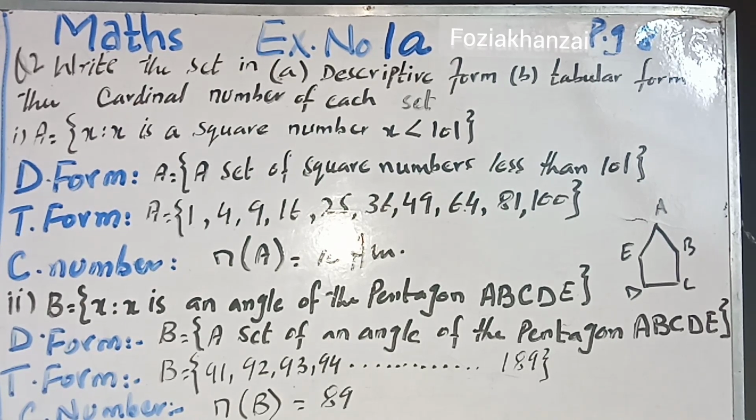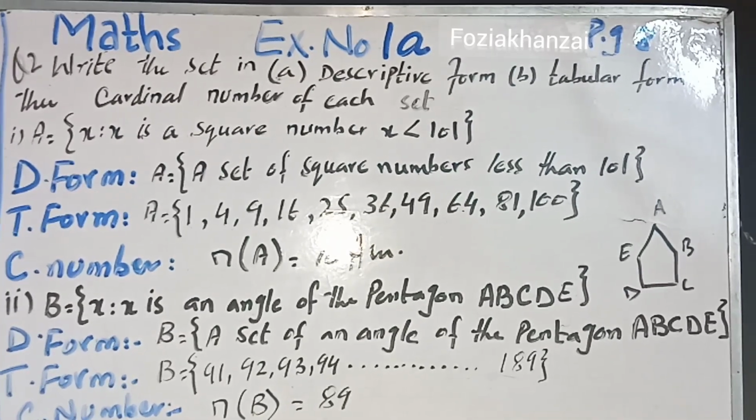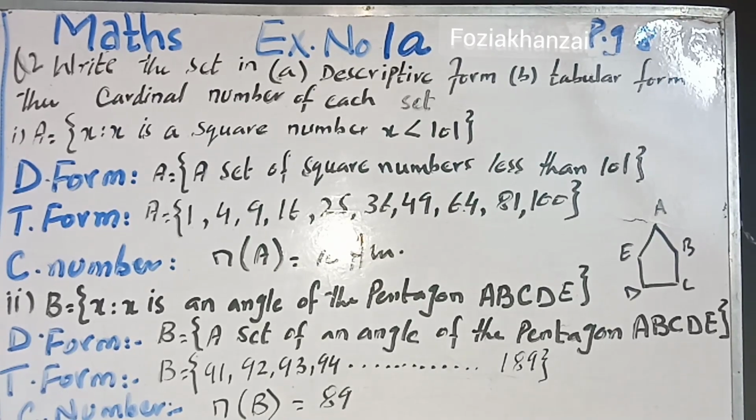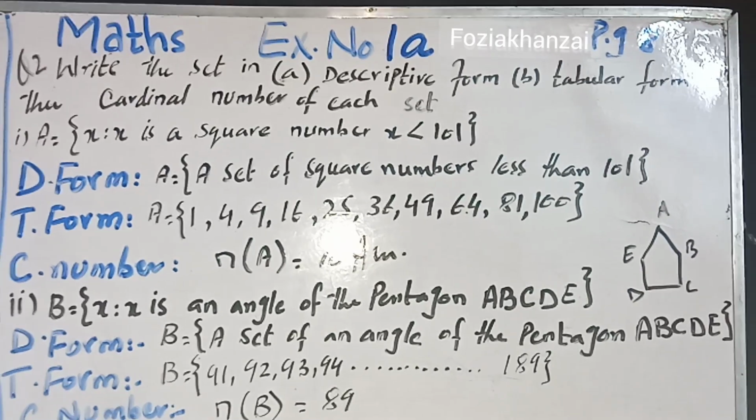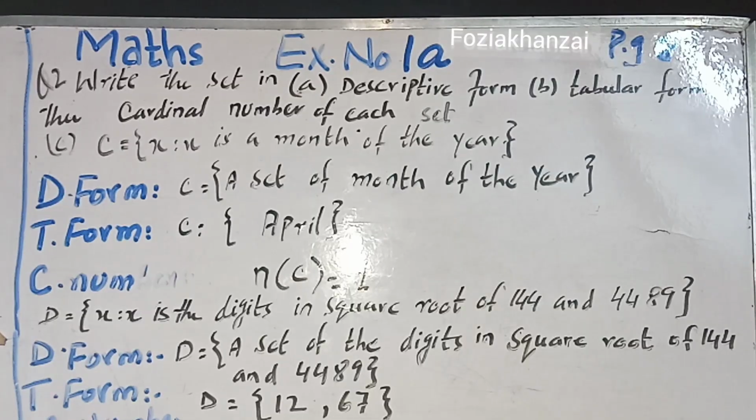Same, counted till 189. So total elements 89. So in cardinal number n(B) is equal to 89. Done parts A and B.